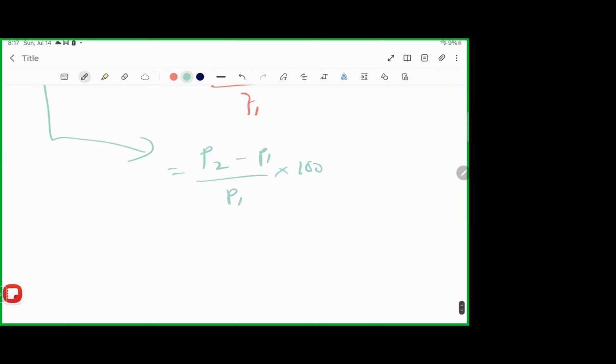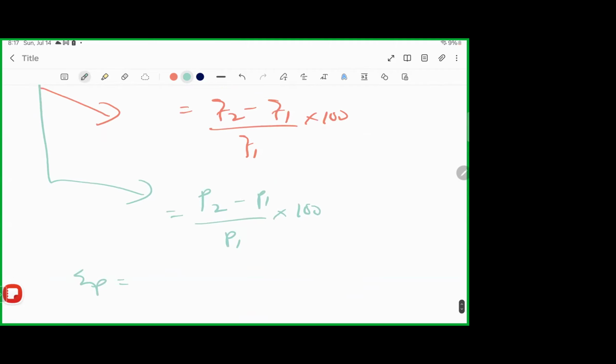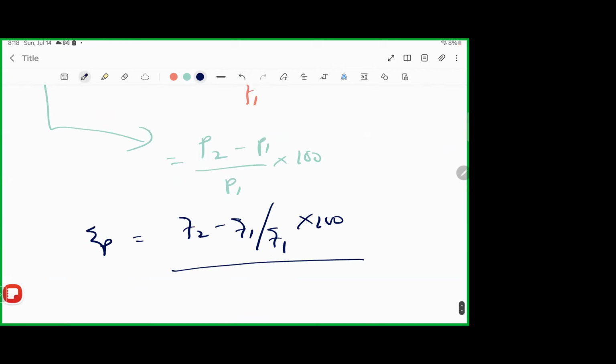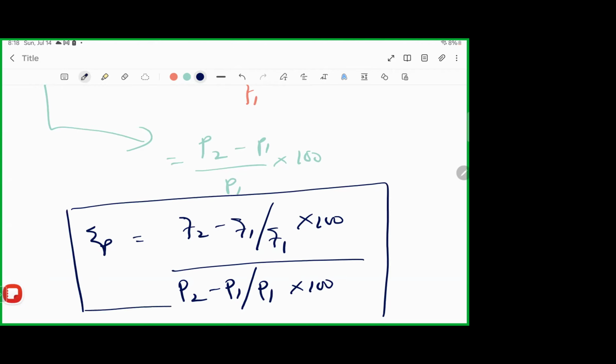So the price elasticity of demand would now be Q2 minus Q1, all over Q1, times 100, divided by P2 minus P1, all over P1, times 100.